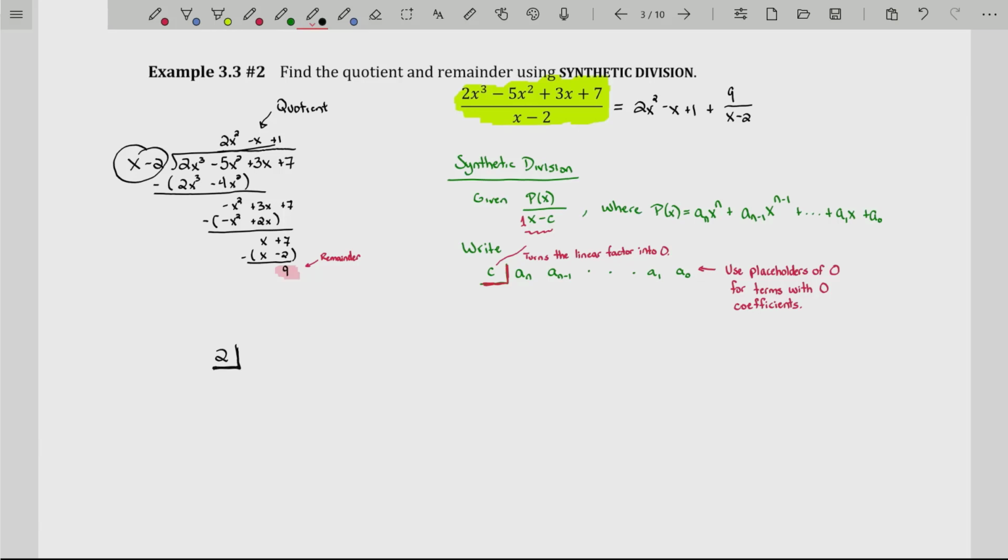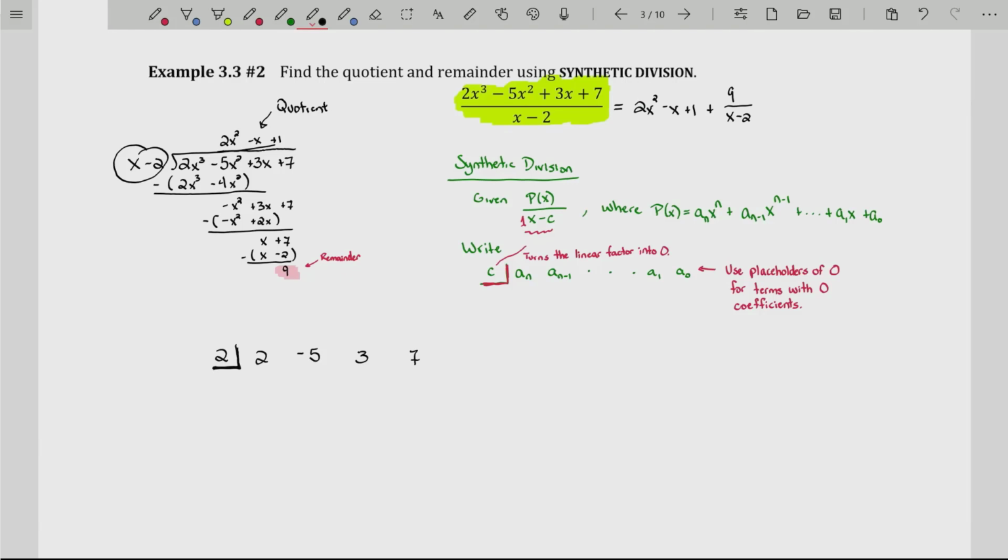And then I'll look at that numerator and I'll list out all of the coefficients in descending power order. So it was 2 that's on the x cubed. And let's see, a -5 on the x squared and a 3 on the x to the first. And then the constant was a 7. Again, if there was a power of x that got skipped, let's say the x squared wasn't there, I would put a 0 in its place.